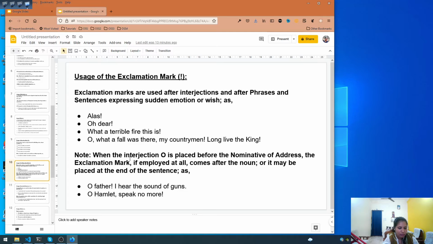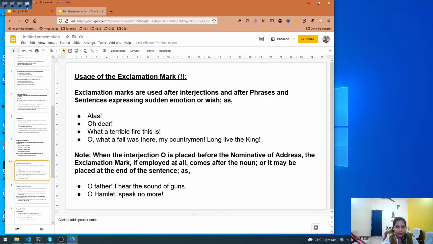So as we have used O here, we might have given an exclamation mark after O, but then we are addressing somebody, so the exclamation mark will come just after the noun. Okay, or it may be placed at the end of the sentence. So if I have a sentence like, oh Ram, you are such a great God, we can place the exclamation mark at the end, or after oh Ram we can place an exclamation mark.